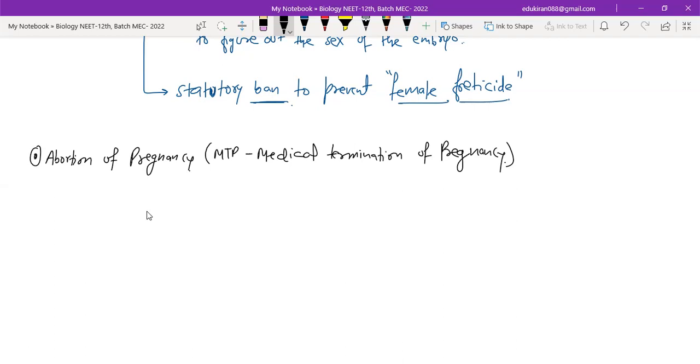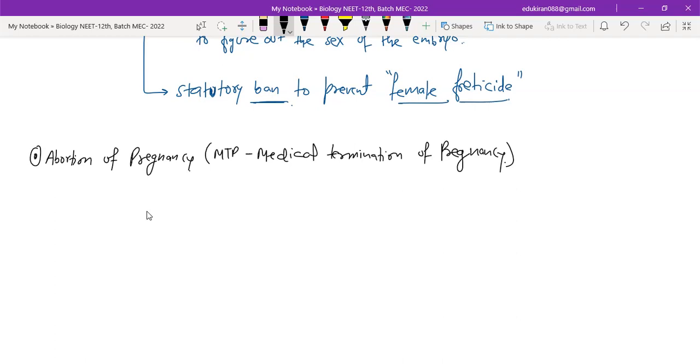If we know from the genetic makeup that the baby is going to have some lethal disorder or disease, and after birth the life of the baby will not be very long, then doctors can advise medical termination of pregnancy. Or in other cases, if holding that pregnancy is fatal to the mother.